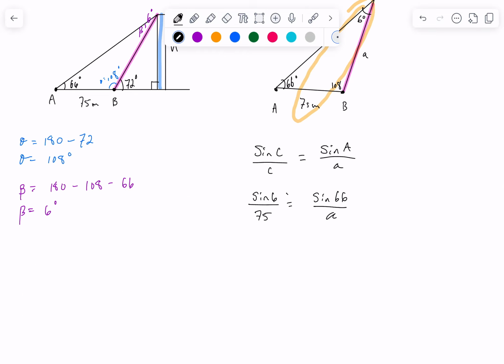And at this stage, you can do what we called cross multiplying in the past. So you're going to get a sine 6 is equal to 75 sine 66. And then to get a by itself, you can divide both sides by sine 6. Okay, and we're going to be left with a is equal to, let's divide out, 75 sine 66 over sine of 6.